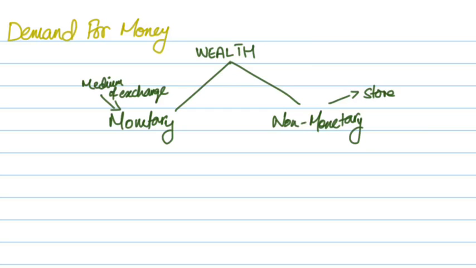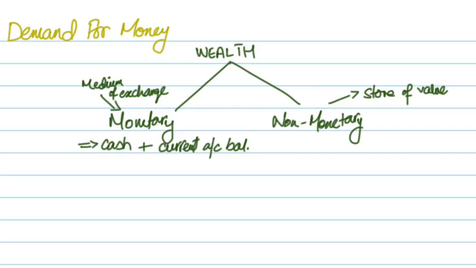Now non-monetary assets can be savings accounts, stocks, shares, property, gold, securities, bonds, all that sort of stuff. Let me write this down. Store of value. Yeah, so monetary assets are cash plus current account balances, right?